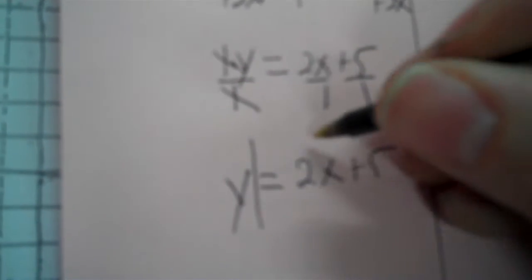So line up your equals. You have 1 multiplied by y, and then you put the 2x before the 5. Okay, now divide everything by 1. 2 divided by 1 is 2x, 5 divided by 1 is 5, and now you have yourself your m and your b.